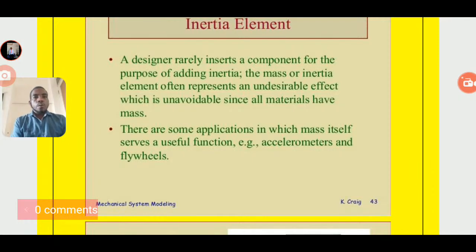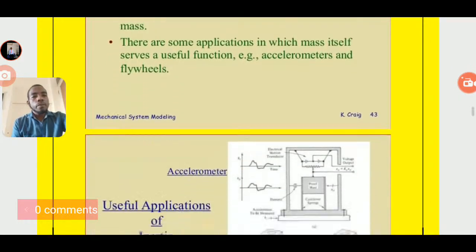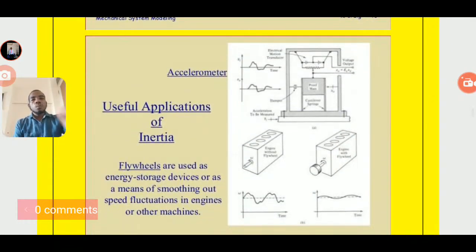Here what we are seeing is that there are some applications in which mass itself serves a useful function. For example, accelerometers and flywheels are examples of this application. So the accelerometer is a useful application of inertia.